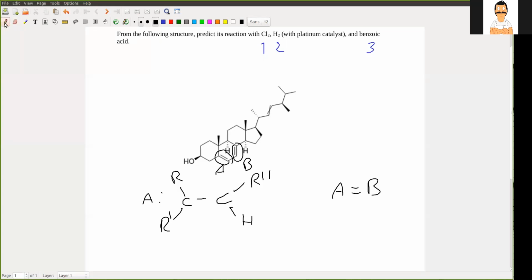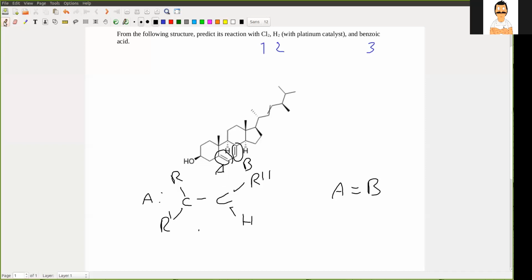And because carbon wants 4 bonds, it'll add a chlorine to one side and a chlorine to the other. And that's true for site A or site B. Okay, so that's how you would predict how that would look. So the overall structure would have single bonds at site A and B and chlorines coming out of them.